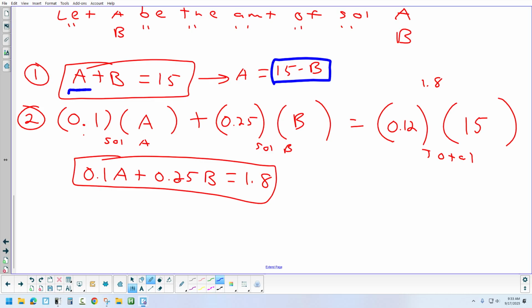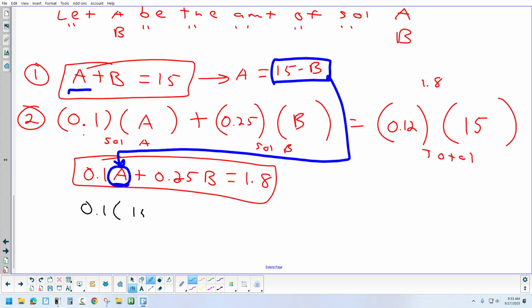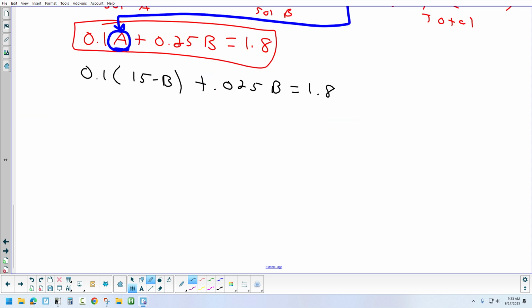Yeah, in the bottom one. So we're going to fill it in right there, and then we're going to solve. Okay, so 0.1 times 15 minus b equals 1.8. Okay, distribute that out.